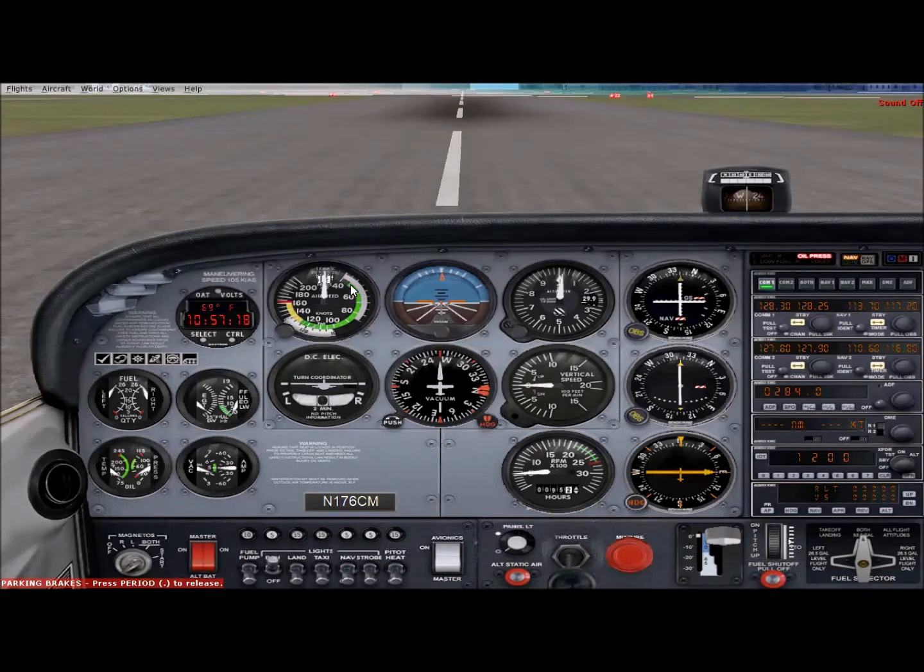What you see in green is the safe operating range. There are so many speeds and so many criteria, but we will discuss that in a separate session. This is the never exceed speed, that is VNE, velocity never exceed, because of structural and other considerations.